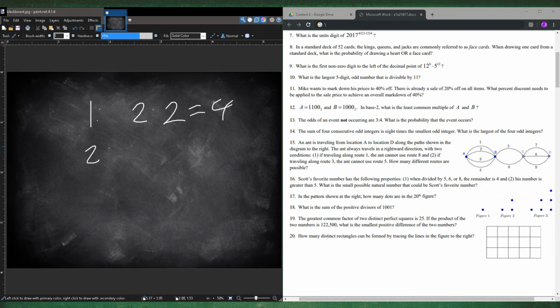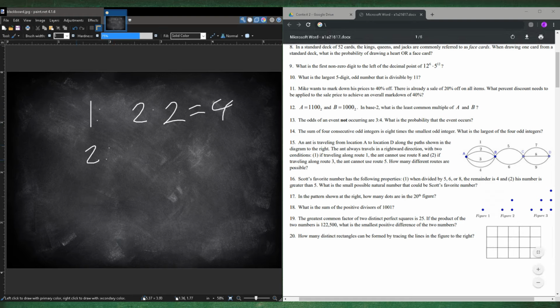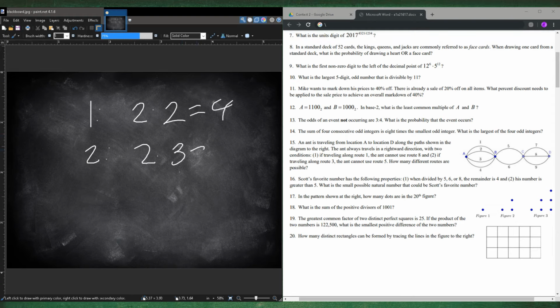If you're using 2, you could use anything, because it said nothing about using route 2. So you have 2 here and then 3 here, so 2 times 3 is 6. If you're using route 3, you cannot use route 5, so you only have one possibility: you have to use 6, and then you could use 7, 8, or 9.